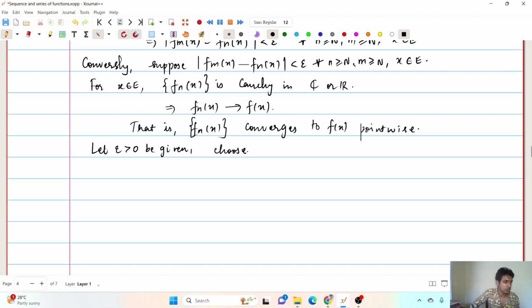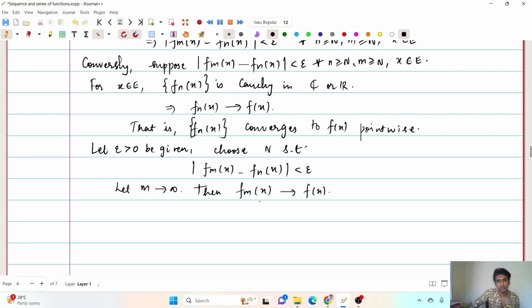Let us choose N such that absolute of fm of x minus fn of x is less than epsilon. Let m go to infinity. Then what will happen? Fm of x will go to f of x.